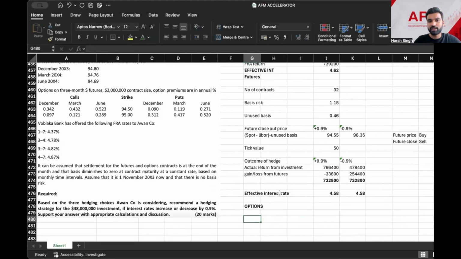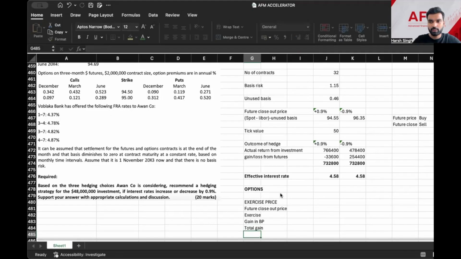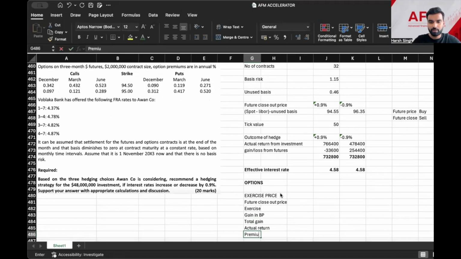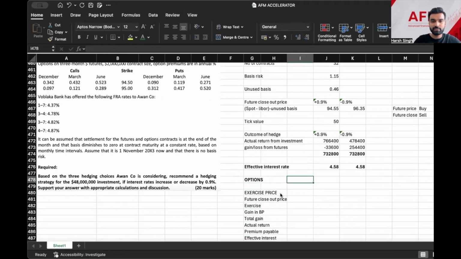Okay, so again, same steps: exercise price, then your closeout price, then exercise, then gain in BP, then total gain, then actual return, then premium paid, and then we have interest.